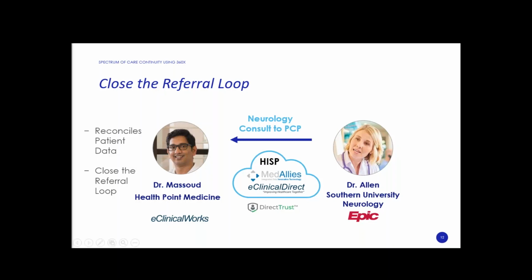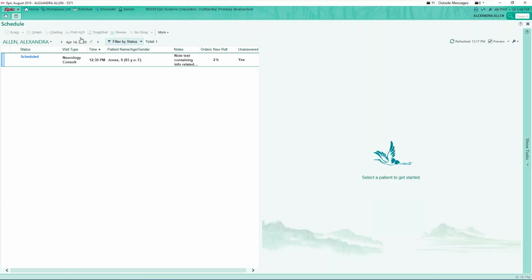Let's see this in the Epic and ECW systems, starting in Epic with seeing how the appointment scheduled using the Argonaut is displayed in Epic. Passing to Vasil. So again, here you can see now the newly scheduled appointment.